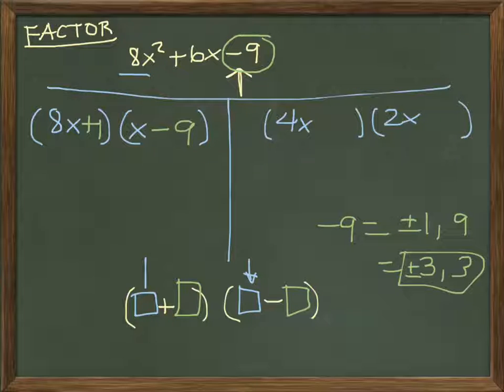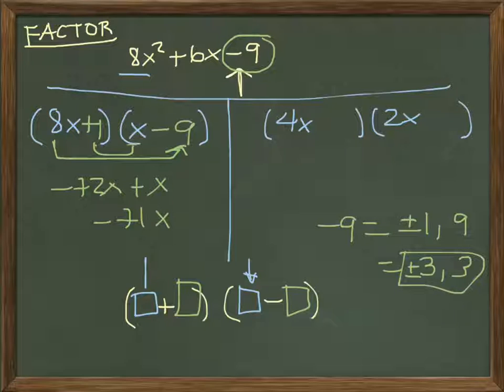Although the first term works, you get the 8x squared, and the last term works, you get a negative 9, the middle term is not going to work, because when you multiply these cross terms, you get 8 times negative 9, which is negative 72x, and plus x, so you just get negative 71x, and that's way more than your 6x. So you kind of know that these are too big in any case.